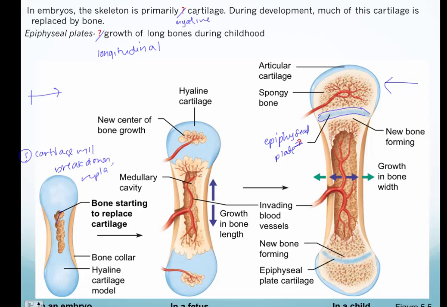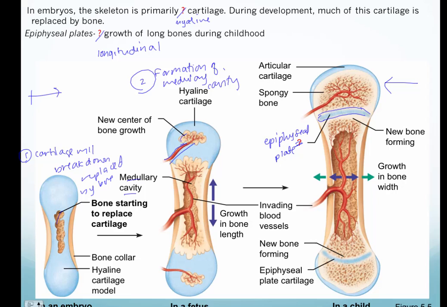It will be replaced by bone. In step 2, in a fetus, what happens? Well, all this enclosed cartilage that was right here in the middle is going to start becoming digested away. And what's going to end up forming is this medullary cavity. Now, what can also happen is if there's a new arterial source feeding in new bones, then this can also be a new regenerative center in order for us to replace more cartilage with more bone.